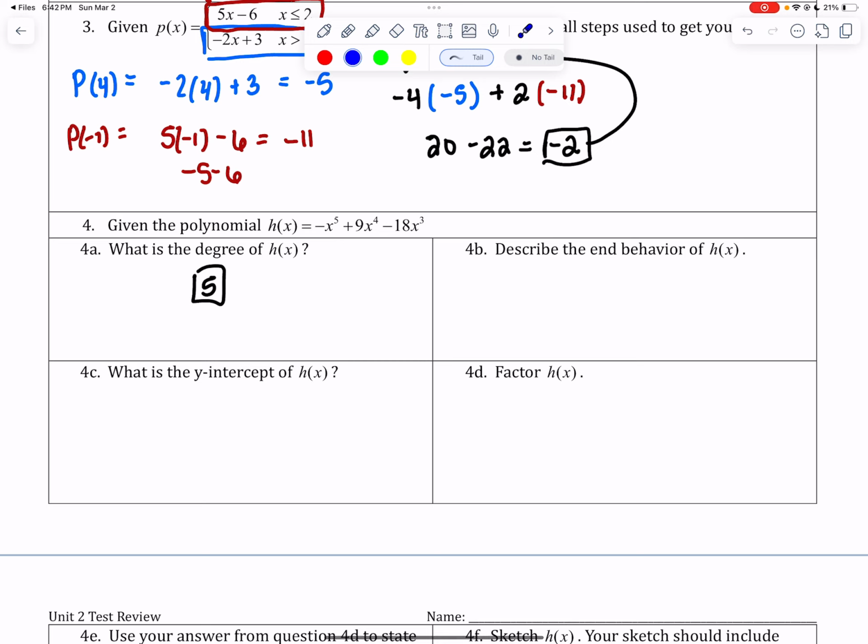All right, 4b, describe the end behavior for h of x. You'll notice 2 things. It's an odd degree that we saw from part A, and we also know that this is a negative leading coefficient. Since we have an odd degree and a negative leading coefficient, this tells us that our end behavior is going to look something like this right here.